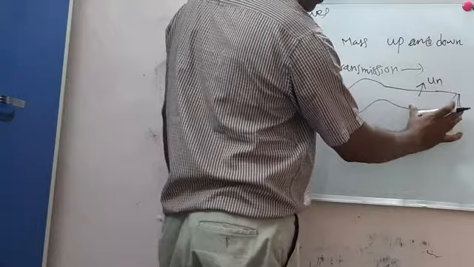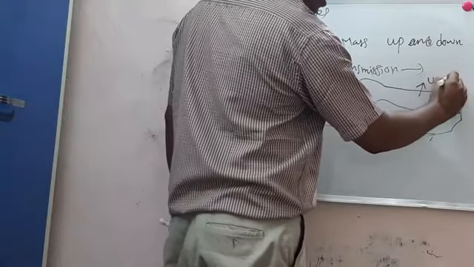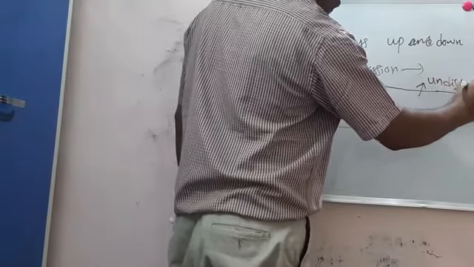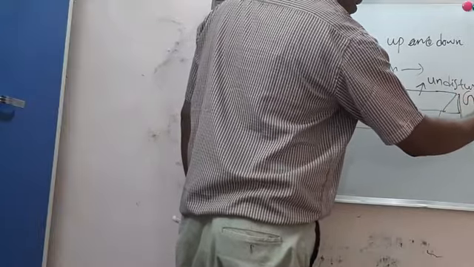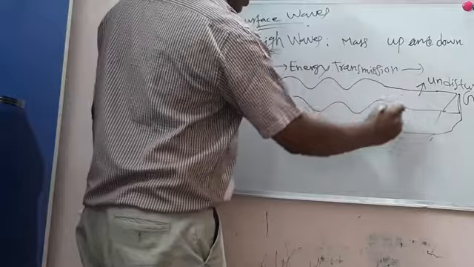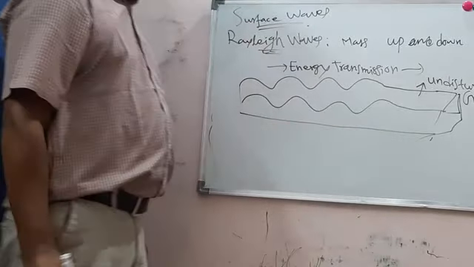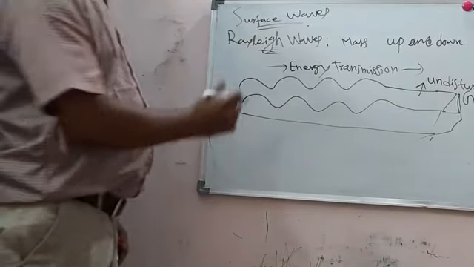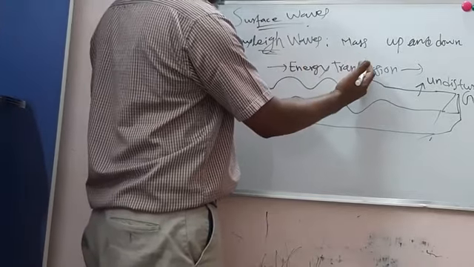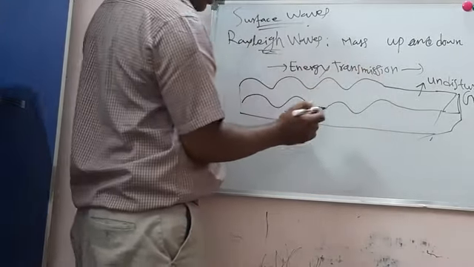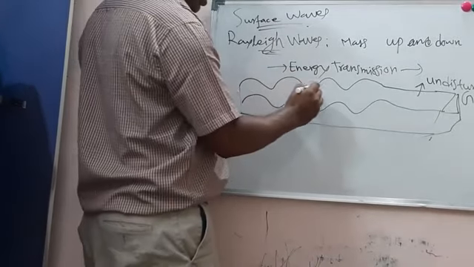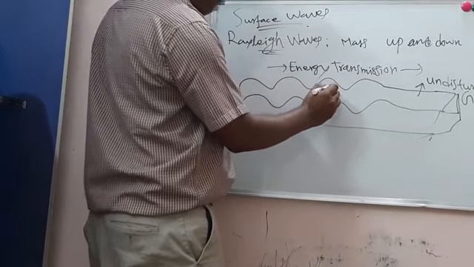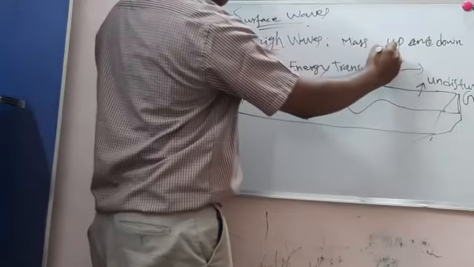This segment is undisturbed ground, and this is disturbed ground. Energy transmission takes place in this direction, whereas movement of mass takes place like this, that is up and down motion.